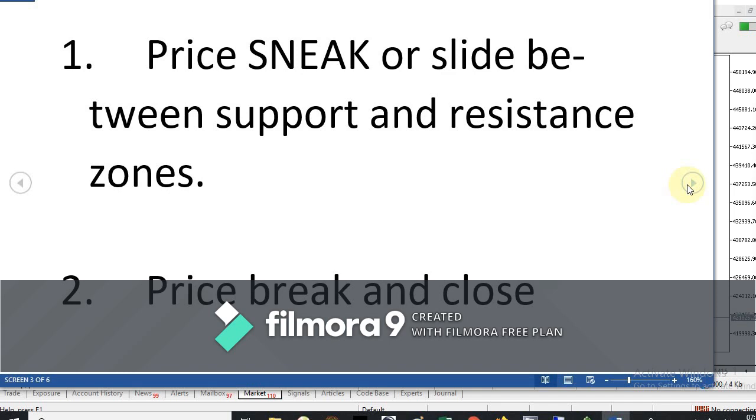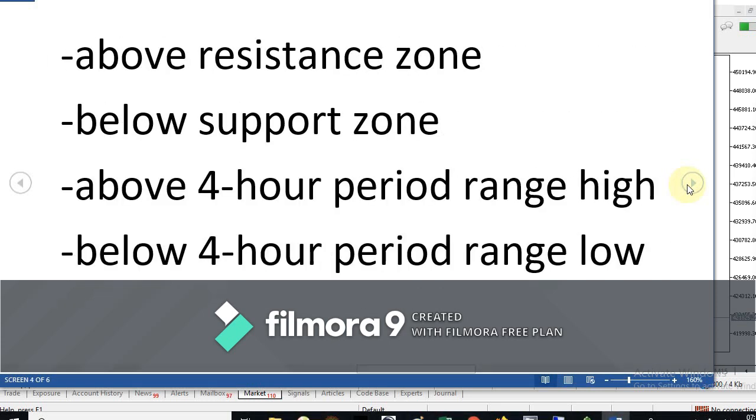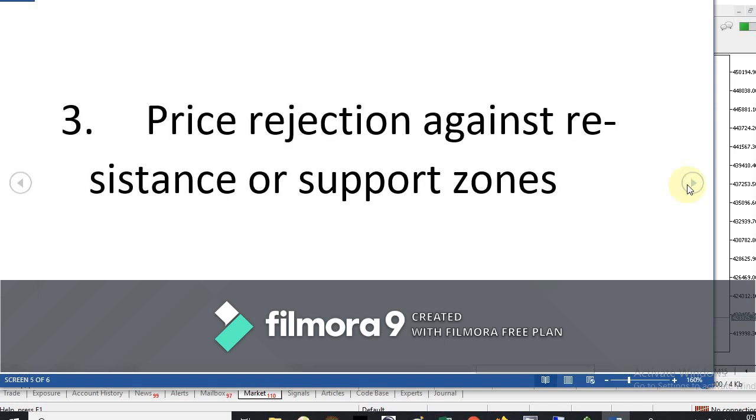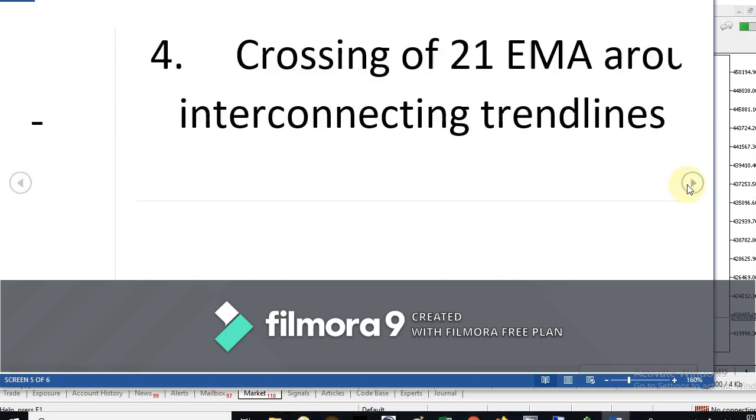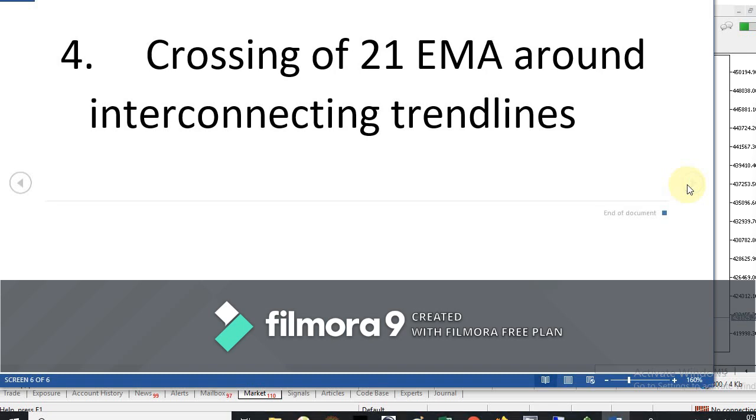Price breaks and closes above the resistance zone, below the support zone, above the 4-hour period range high, or below the 4-hour period range low. 3. Price rejection against resistance or support zones. 4. Crossing of the 21 EMA around interconnecting trend lines.